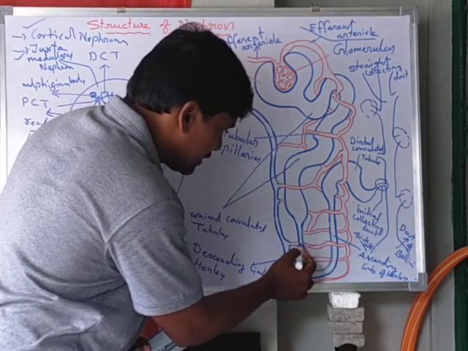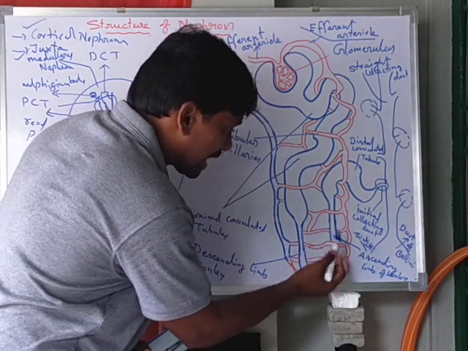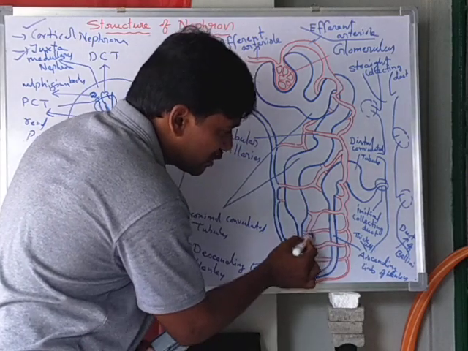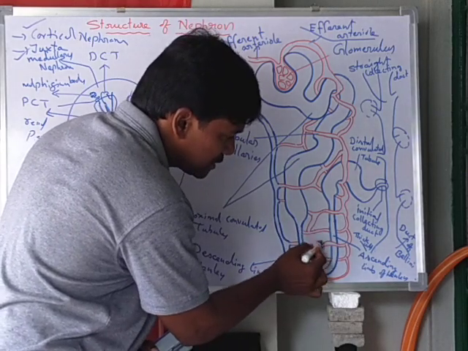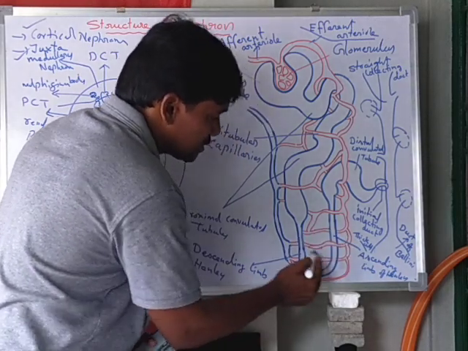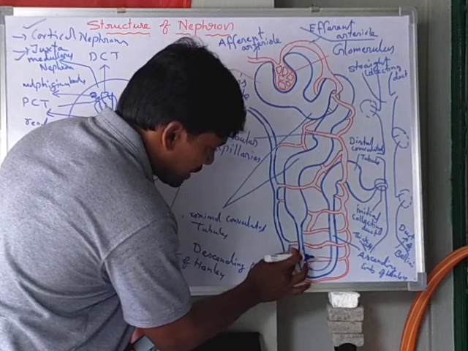Here you see the fine blood capillaries which are around the Henle loop. These capillaries are called vasa recta.